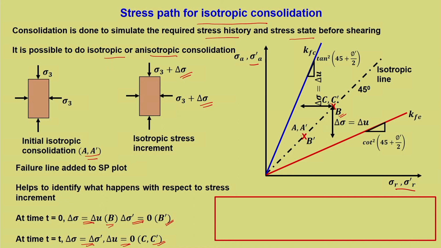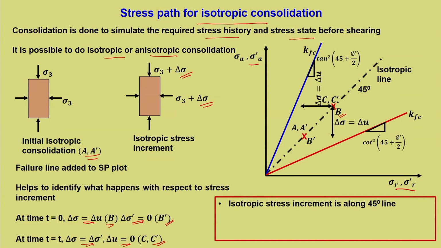Imagine that there is pore water pressure also developing; then because of pore water pressure the points C and C dash will not be the same. That is the only difference between the effective stress path and the total stress path.